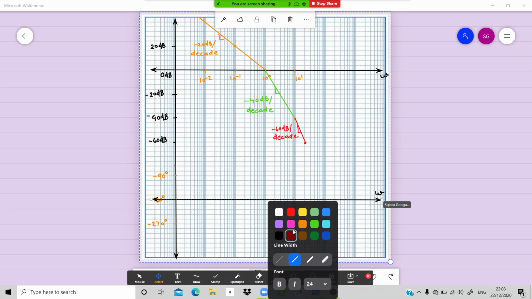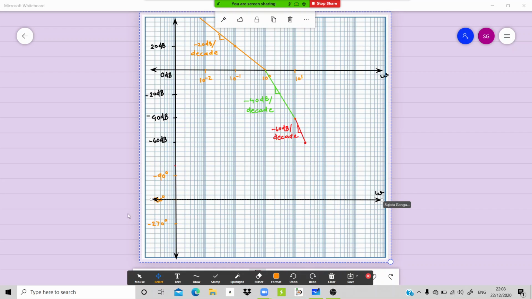So I'll mark the points, and the points are when your omega is 0.01, that means this thing, right? This thing, the angle is minus 90.6, so somewhere over here. Okay. Then the next one, I'll draw for 1 mainly. 1 means 10 raised to 0.